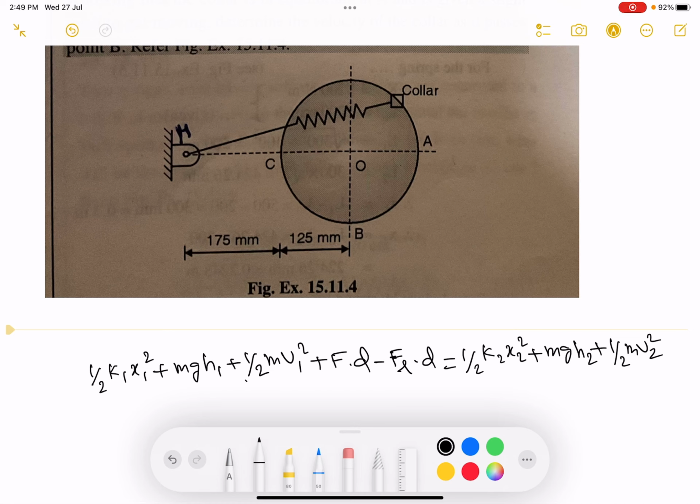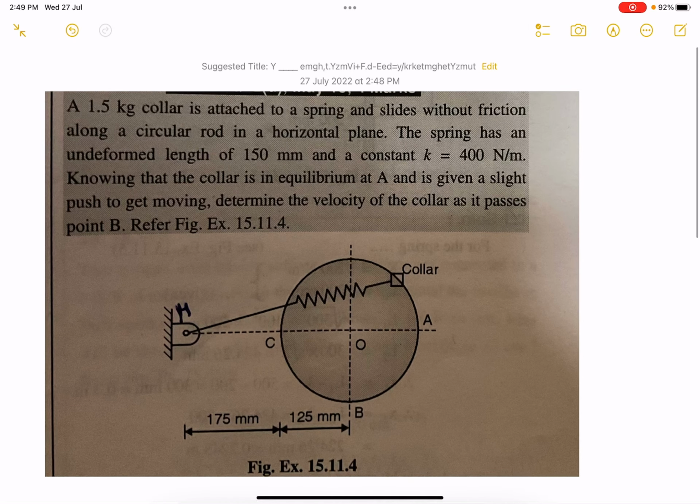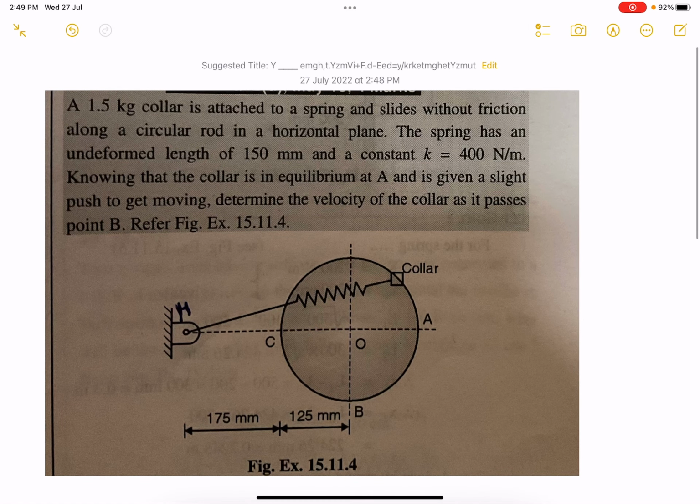Now see this circular rod on which the collar is sliding. This circular rod is placed horizontally. Just look at this: a circular rod in a horizontal plane. What does it mean? It means A and B are at the same level.